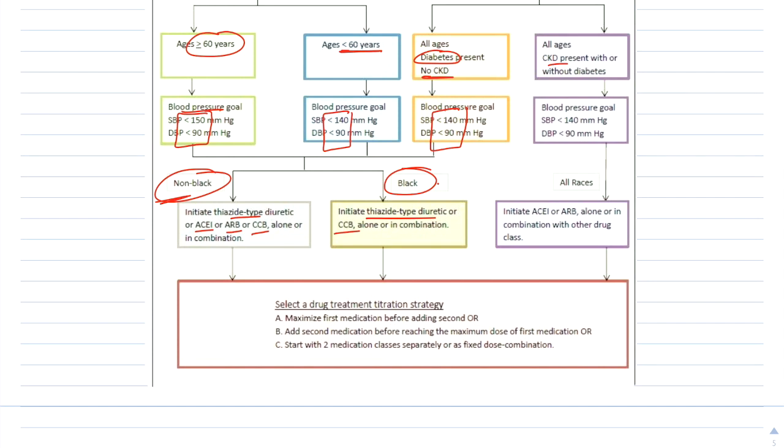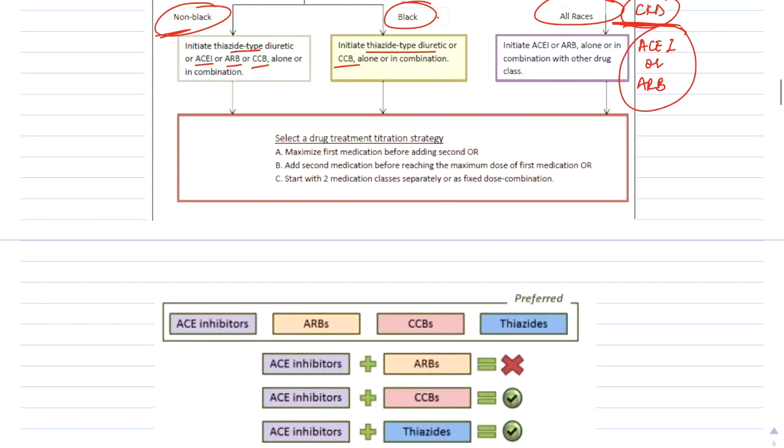All races, whether blacks or non-blacks, if they have CKD, have to be given ACE inhibitors or ARBs. Although the non-black population can be given them, the black population without CKD is not to be initiated with ACE inhibitors or ARBs. But if a black patient has CKD, then they have to be initiated with ACE inhibitors or angiotensin receptor blockers.